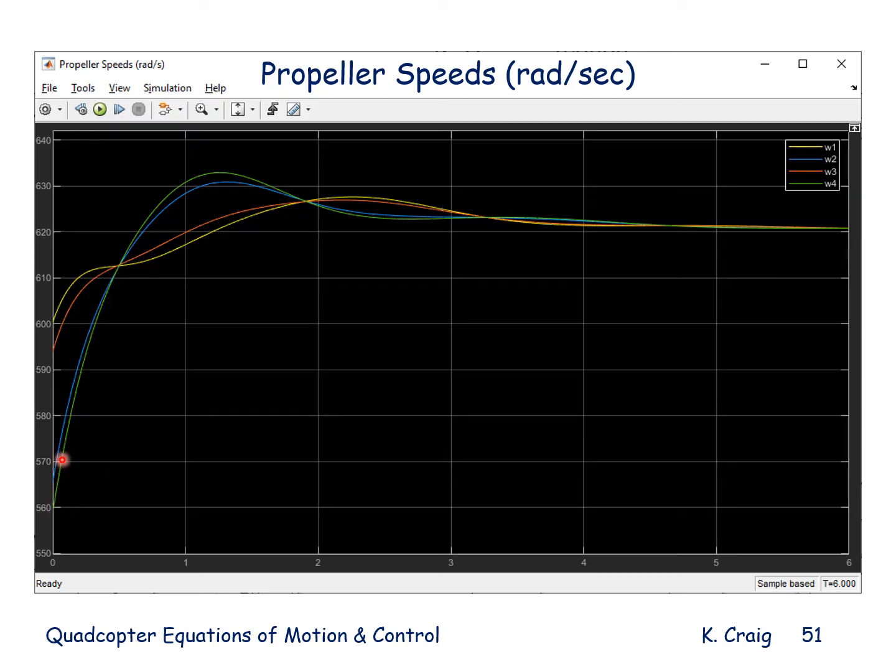And you can see that all four propeller speeds converge on one common propeller speed, which will keep the quadcopter level at essentially zero altitude, just hovering above the ground.